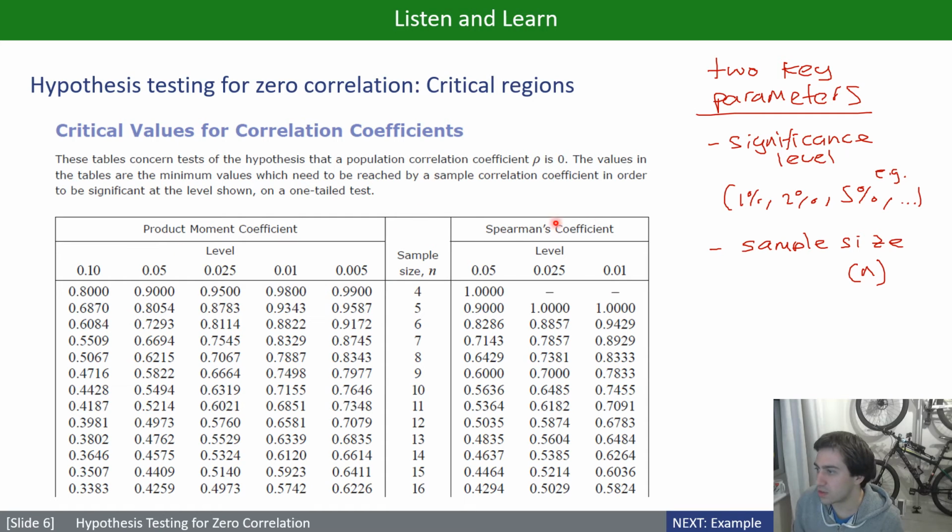Okay, this Spearman's coefficient, we're not going to use that bit. We're just using this bit, product moment coefficient. If you read here, it explains what's going on. It says these tables concern tests of the hypothesis that a population correlation coefficient rho is 0. The values in the tables are the minimum values which need to be reached by a sample correlation coefficient in order to be significant at the level shown on a one-tailed test.